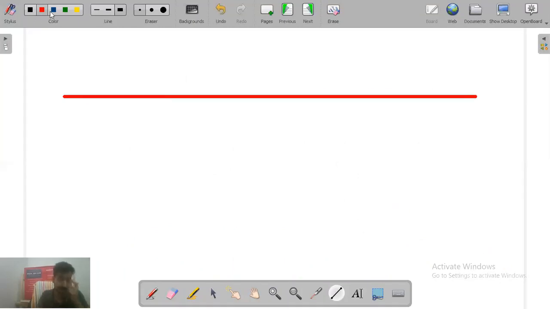Suppose this is your 4.26, and it is divided into 10 parts: one part, two, three, four, five, six, seven, eight, nine, ten. Suppose it ends here.